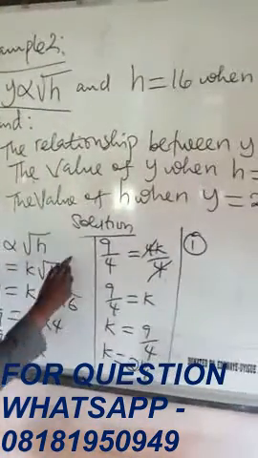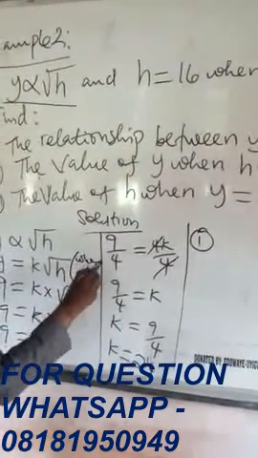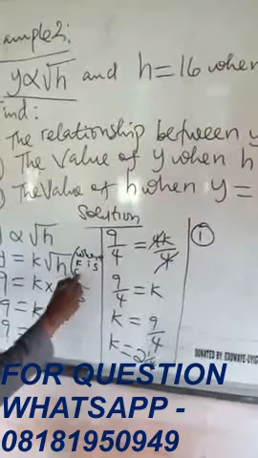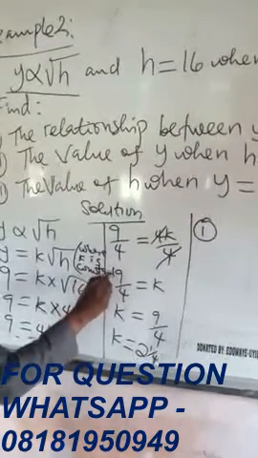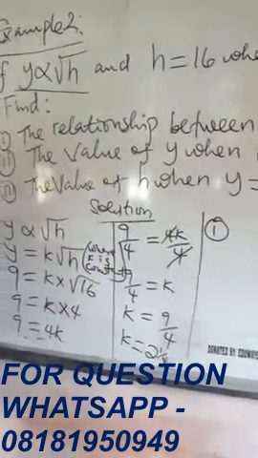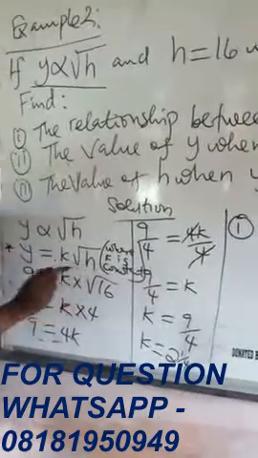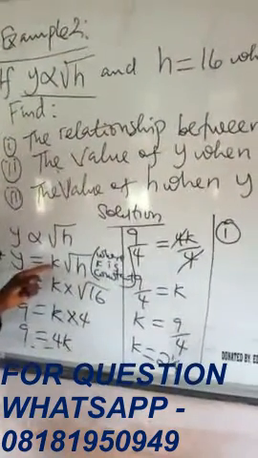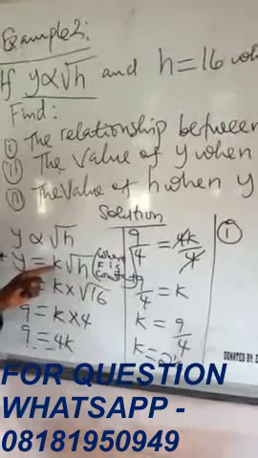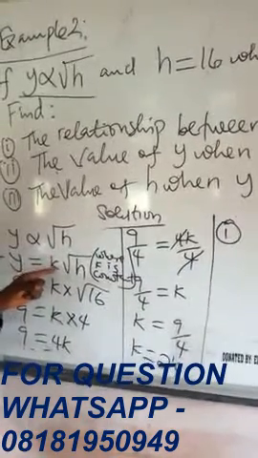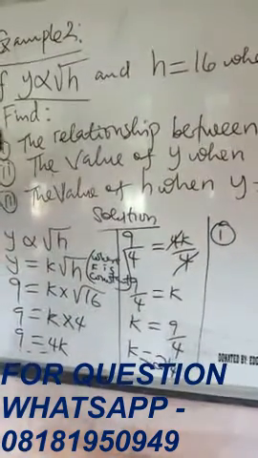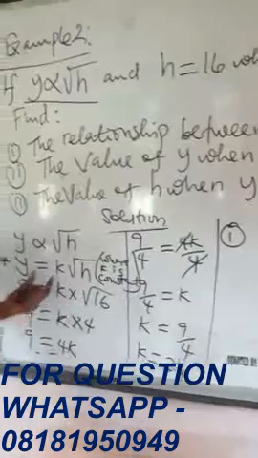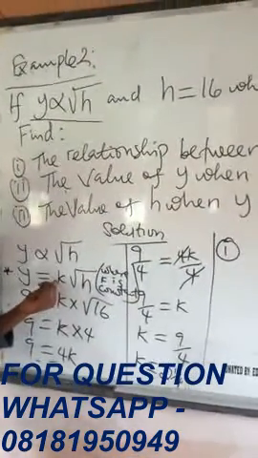Mind you, you must write where k is a constant, because the examiner will ask you, you didn't define the value of k. Sometimes we deduct marks for that. The quantity they gave you was y and h, so you have to tell the examiner the meaning of your k.